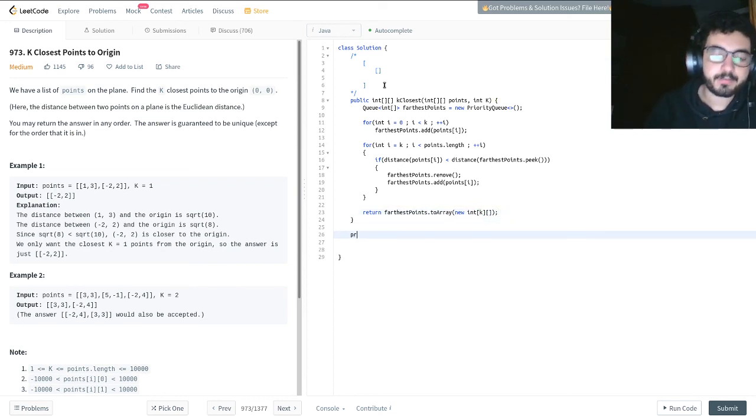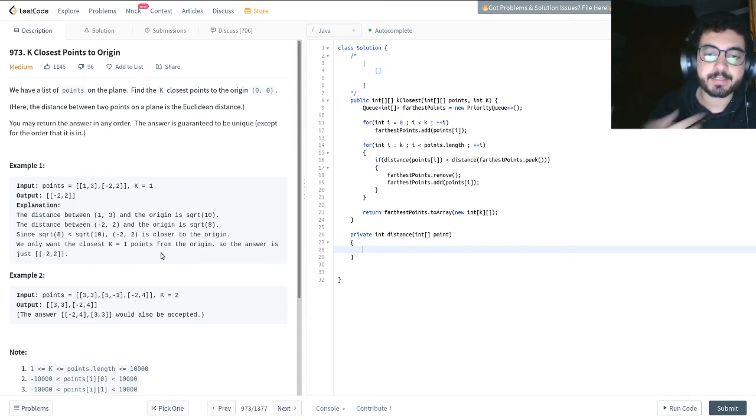Okay, so now what we need to do is implement the distance algorithm. So let's say it's a boolean, and let's just say distance, no, let's just say int, sorry. As we said, we don't need the square root, because a square root of a larger number would be larger than a square root of a smaller number, and it would take an int array point, with point of 0 being the x-axis and point of 1 being the y-axis.